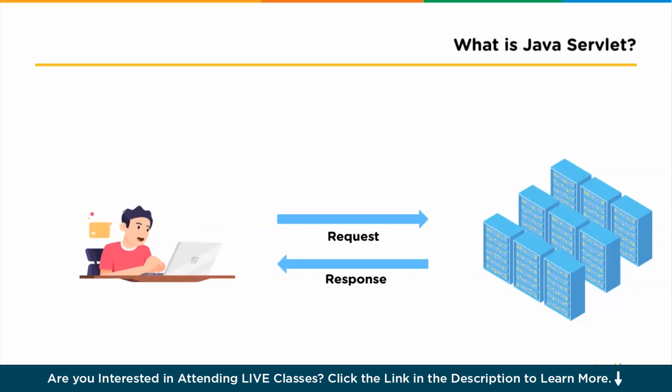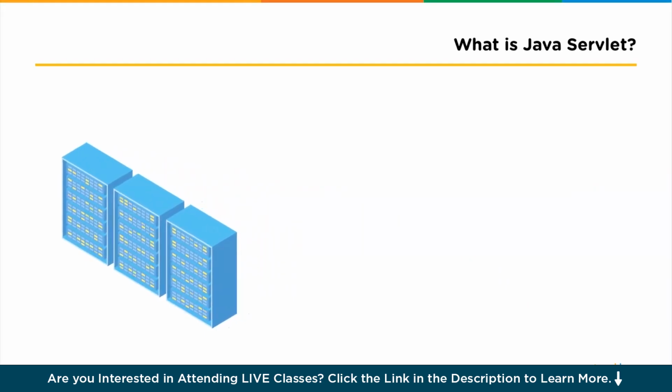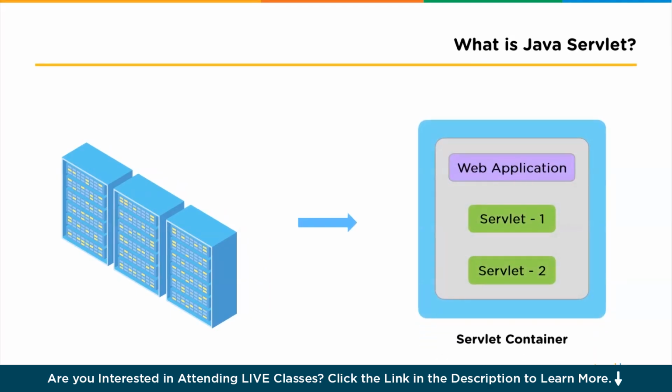For this process to happen so smoothly and effectively, we need a servlet. Digging a little deeper into the server, we find the component responsible for such an effective job. It is called the servlet container that holds a Java-based web application and a set of individual components called servlets. Now, we are close to our answer.